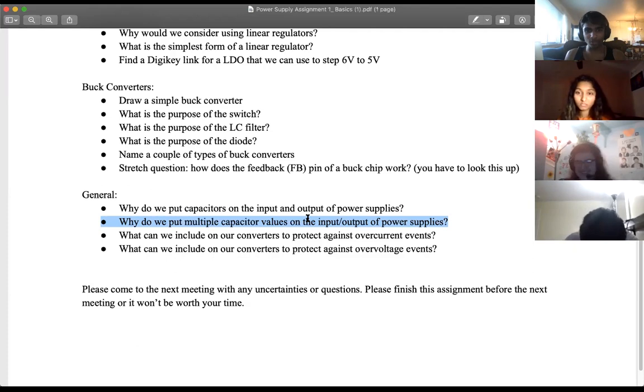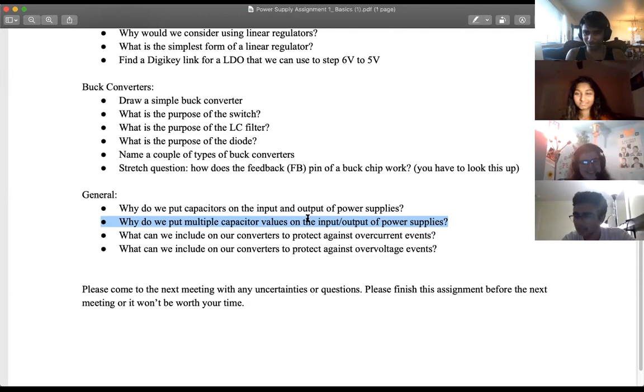Okay, what can we include in our converters to protect against overcurrent events? I believe a fuse, which is something that melts when too much current goes through it, so it stops the current flow. Yes, that is one type of fuse. There's another type of fuse. Do you know what that is? There's a 3-letter acronym for it.